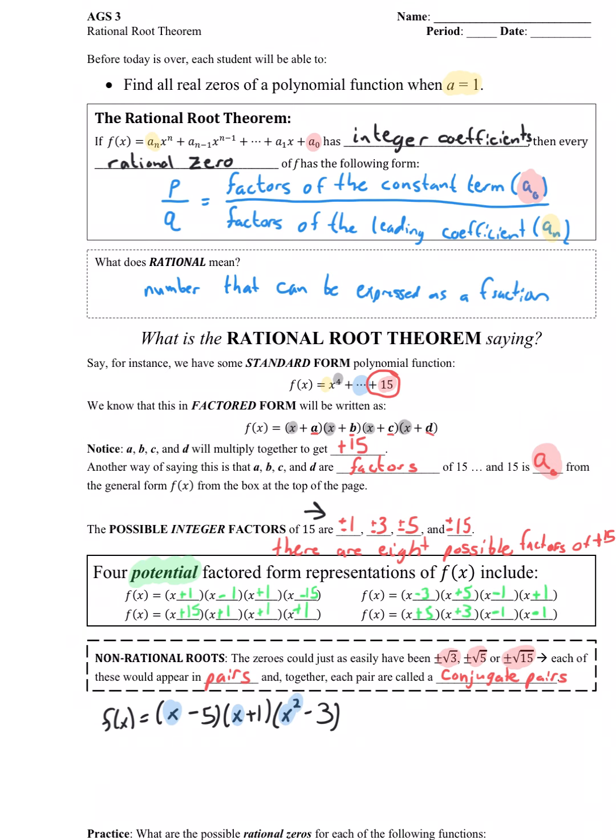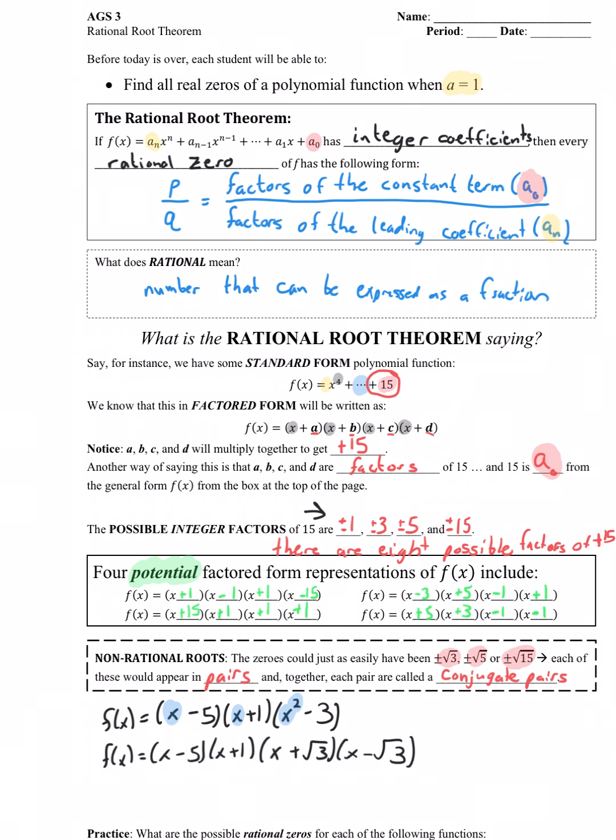I want to break down that x squared minus 3, which is a difference of squares. We've talked about that a little bit. So difference of squares means I can square root that last term. And I can write it as x plus the square root of 3 and x minus the square root of 3. That's what I mean by conjugate pairs. There has to be a plus square root of 3 and a minus square root of 3 whenever we have a radical introduced as a non-rational root.